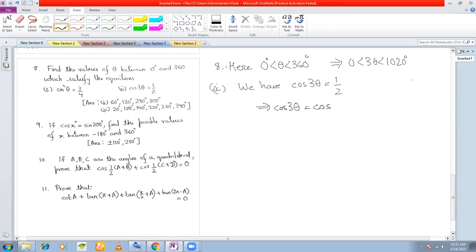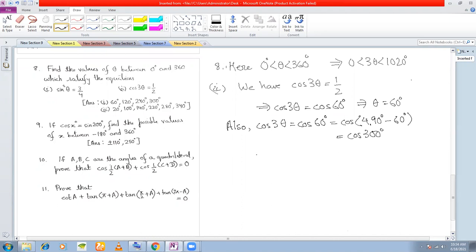in the first rotation, in the first quadrant, what is the solution? Cos 60 degrees, right? That means theta is equal to 60 degrees in the first rotation, first quadrant. Also in the first rotation, you will get a solution in the fourth quadrant. In the fourth quadrant, what should it be? 4 into 90 minus 60, which is equal to cos 300.